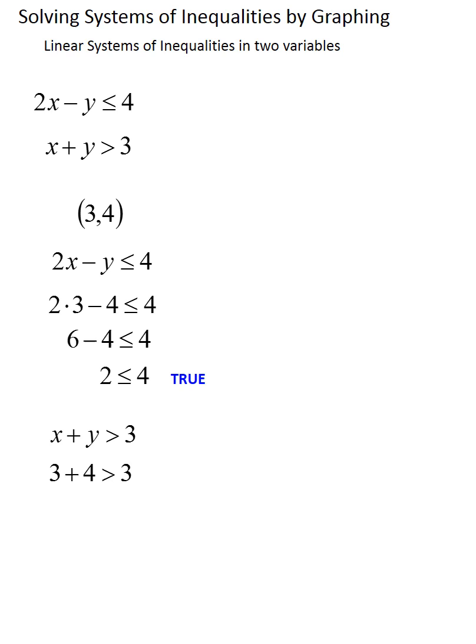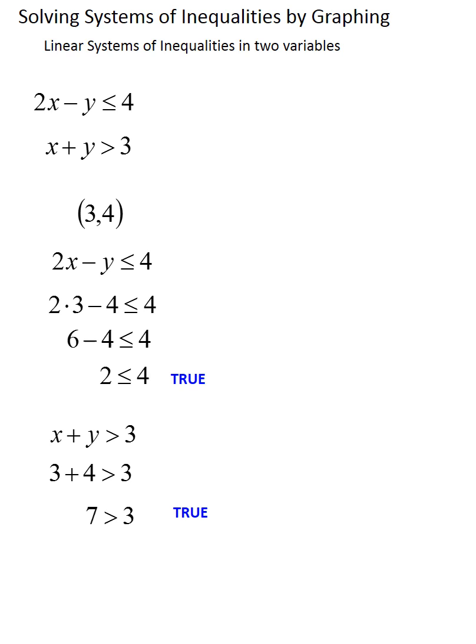Additionally, plugging that same point, 3, 4, into the second inequality also leads to a true statement. So what we've shown here is that the point 3, 4 makes both of them true, and therefore we consider 3, 4 a solution to the overall system of two inequalities that we have.